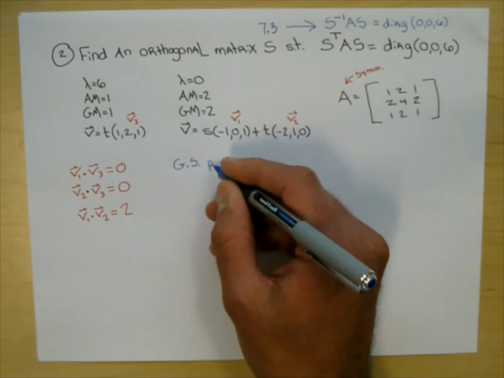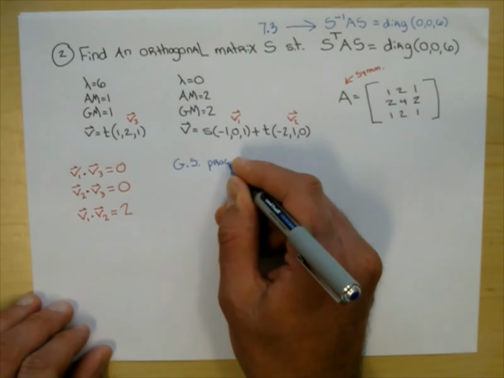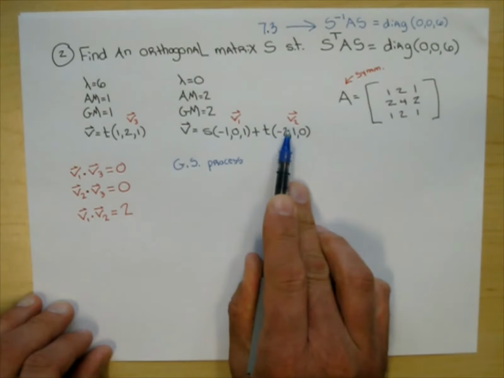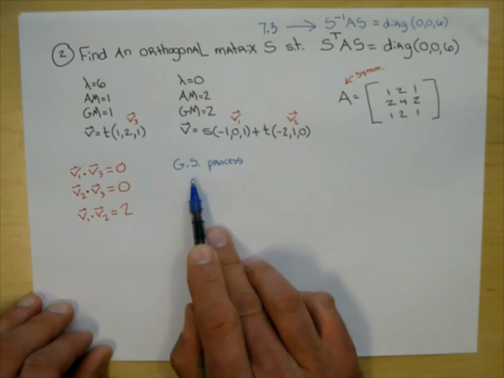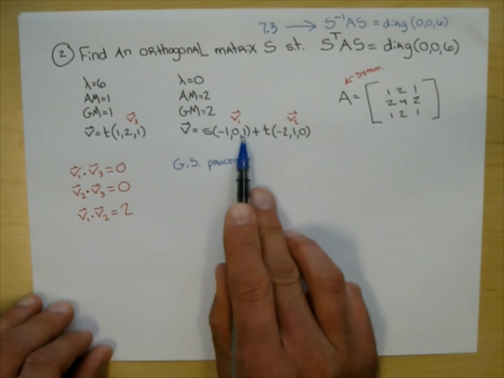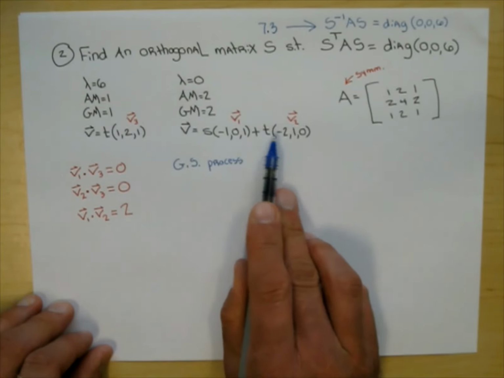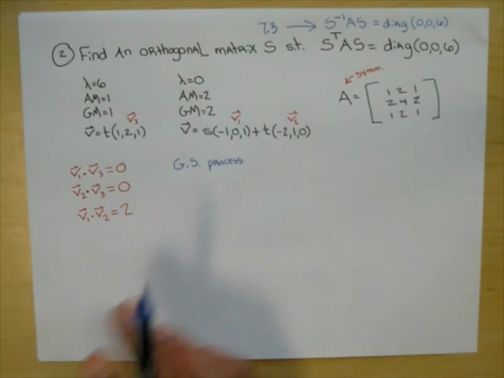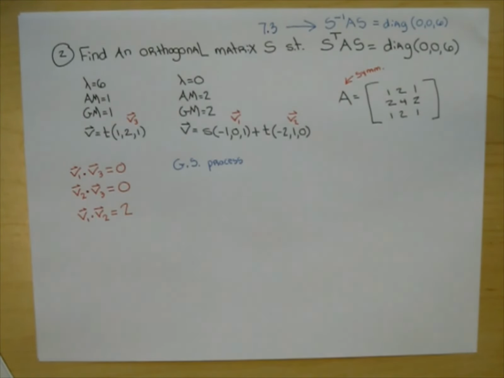So that is what I'm going to do on these two vectors. Remember, the Gram-Schmidt process is a twisting and turning of these vectors through linear combinations to get me a nice orthogonal set. Let's go ahead and see if we can remember what the Gram-Schmidt process is.